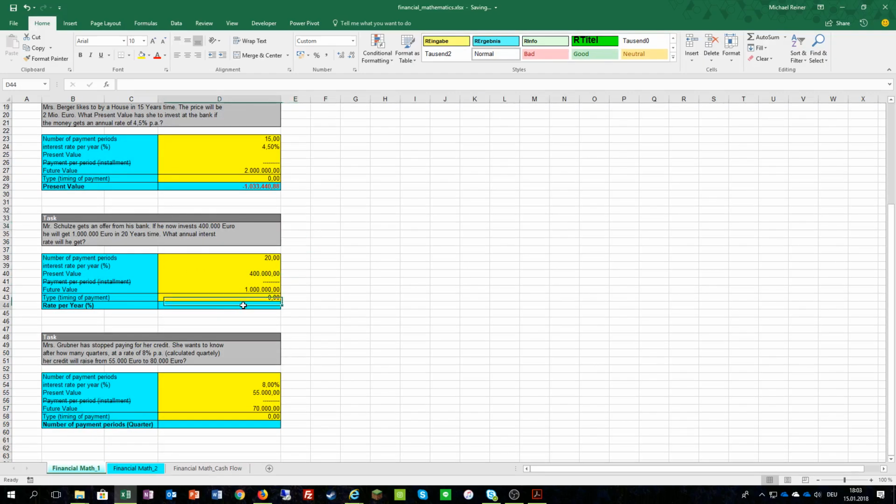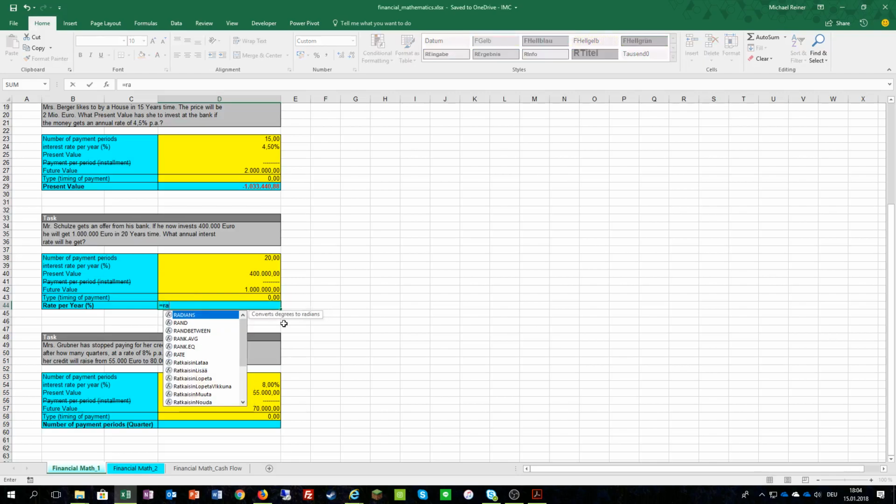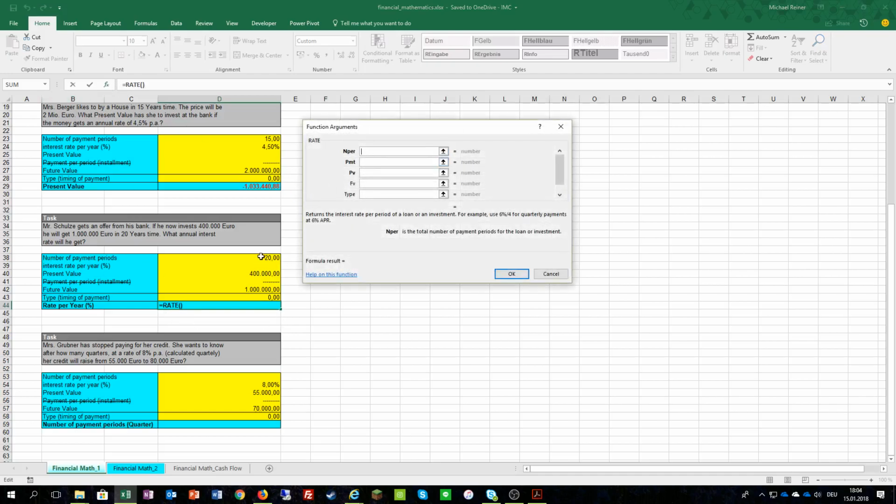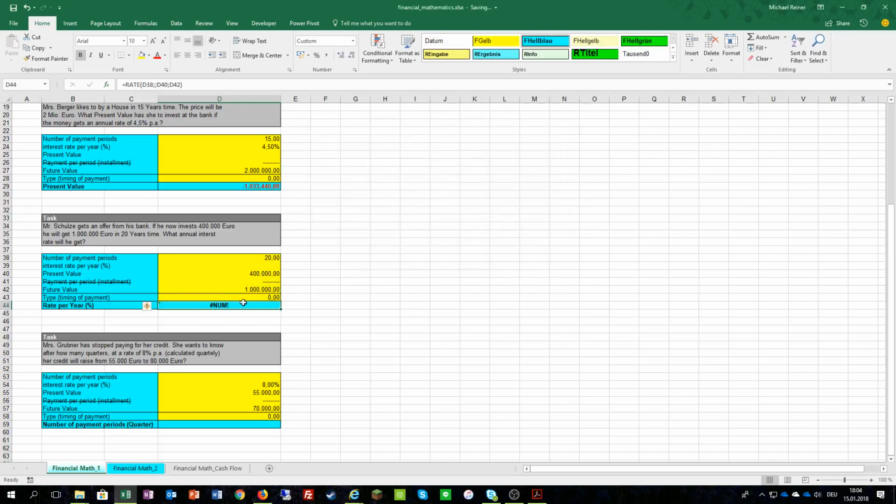If we are checking for the rate per year, it's getting a little bit more difficult, because here we invest 400,000 euro and we get back 1 million in 20 years. If we do it the typical way, with RATE, then say the number of payments is 20, and we have the present value and the future value, people will get quite irritated, as this is a typical sign that something went wrong.